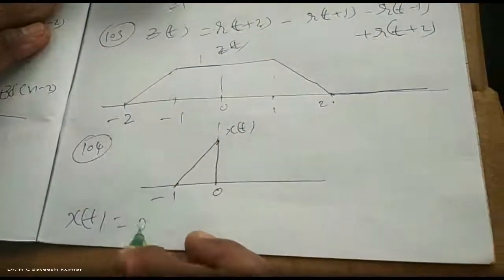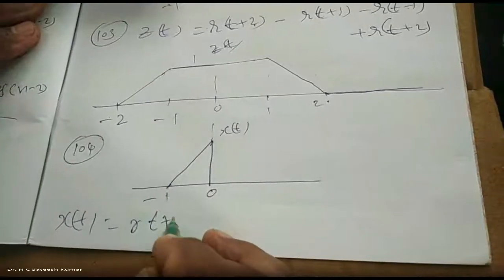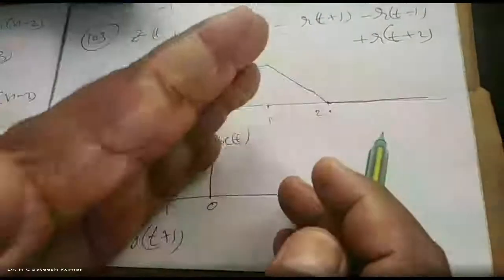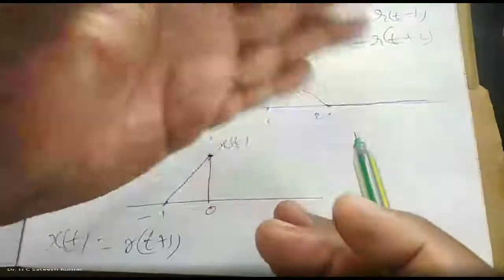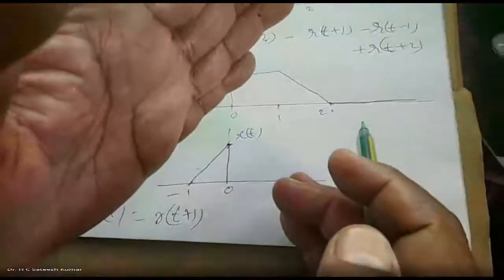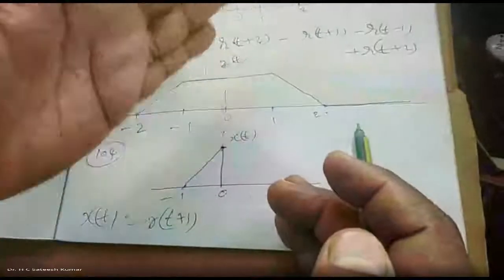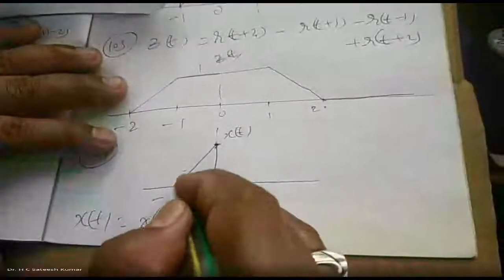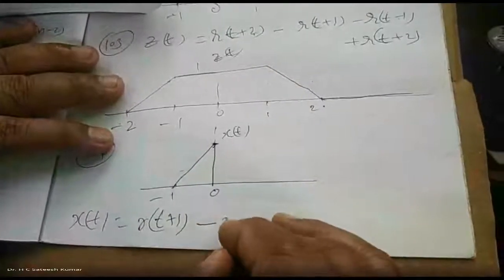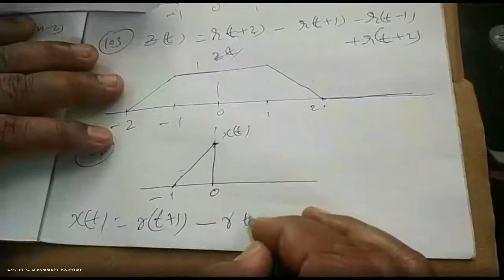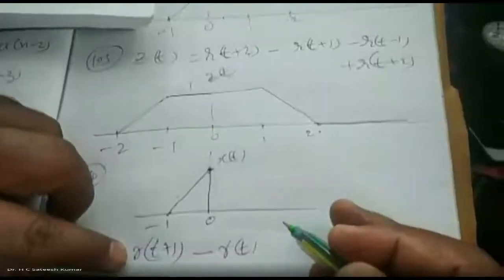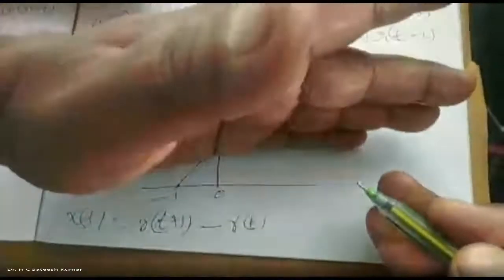So therefore, what should I write? R of t plus 1 with a slope of 1. Now, at this point, this ramp is going, you cut the ramp. If you want to cut the ramp which is having a slope of plus 1, you should use a ramp which is having a slope of minus 1. Therefore, what you should do? R of t plus 1, I want minus R of t at 0. It becomes horizontal, it will not become 0. So plus 1 minus 1 will become 0, slope becomes 0, amplitude will be like this.